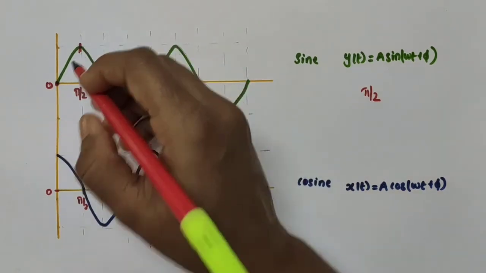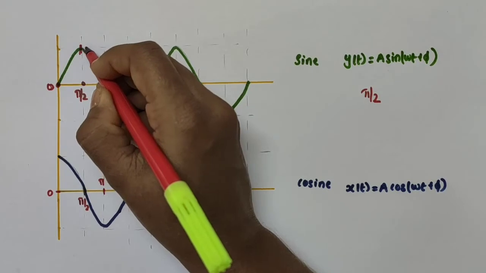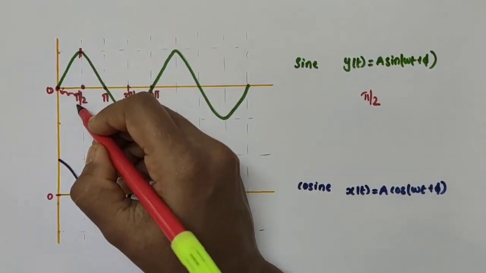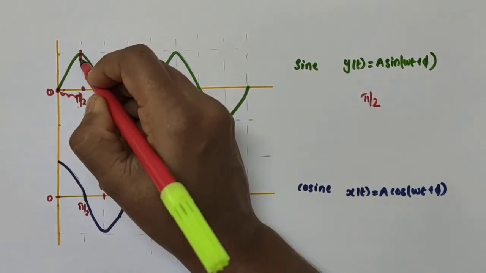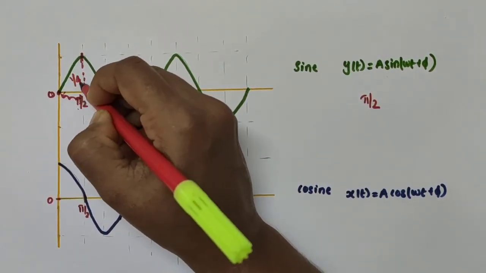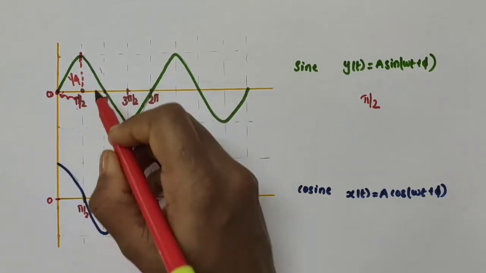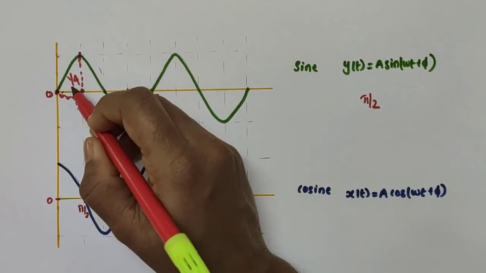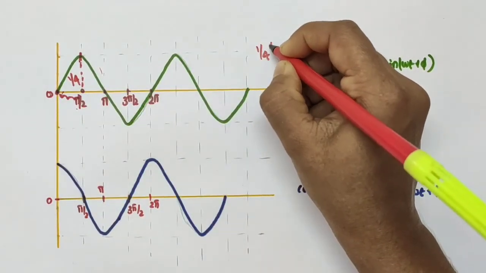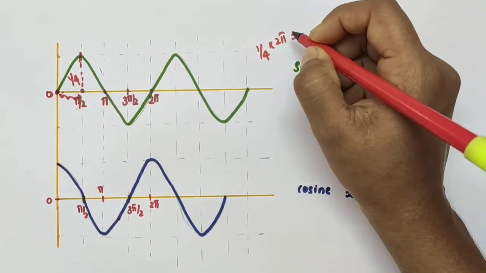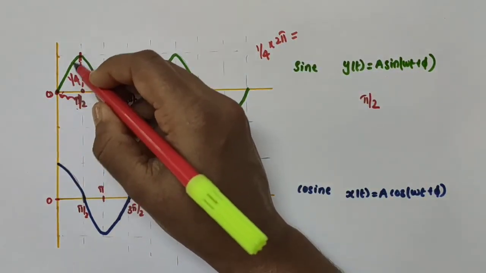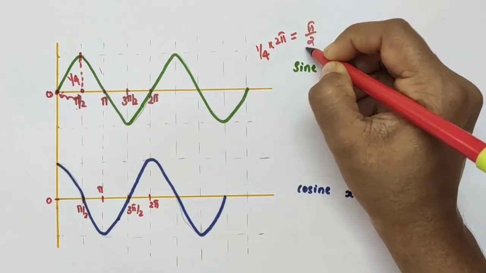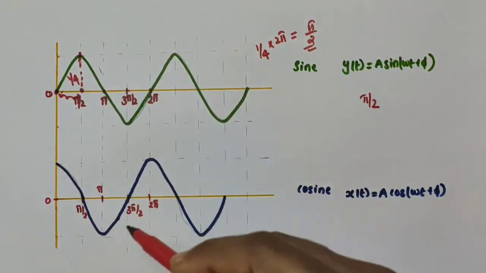So when we compare these two waves, there is this much phase difference. You can see this is actually 1/4 of the wave. This is a complete wave; from here to here is half of the wave, and half of that means 1/4 of the wave. The fraction of the wave times 2 pi gives you the phase difference. So 1/4 into 2 pi is pi by 2. So the phase difference is pi by 2.